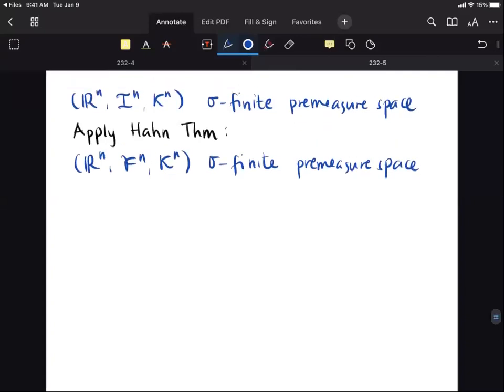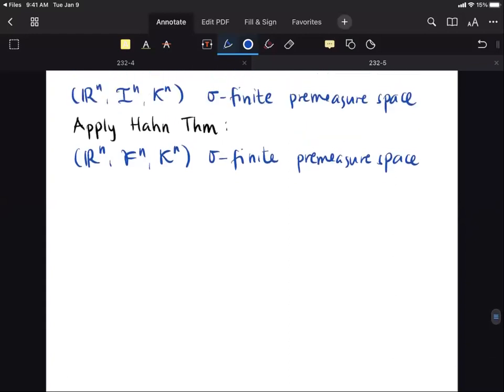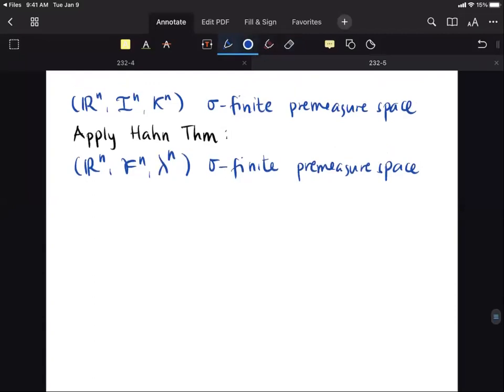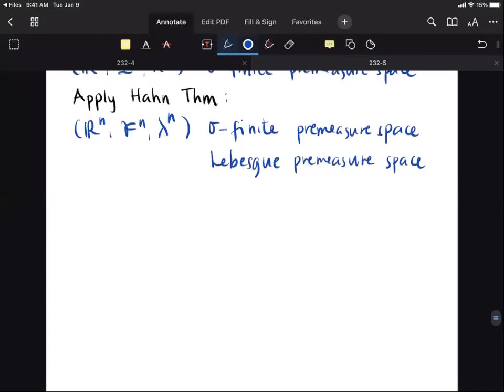And here we still denote the content by kappa n. Or I should say, let us change the notation. Let us change that to lambda n. Okay. And we shall call this the Lebesgue pre-measure space on elementary figures.